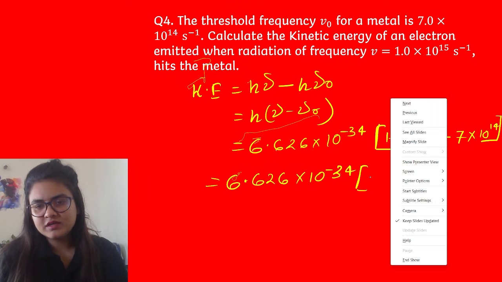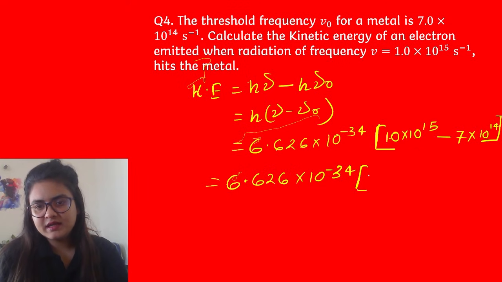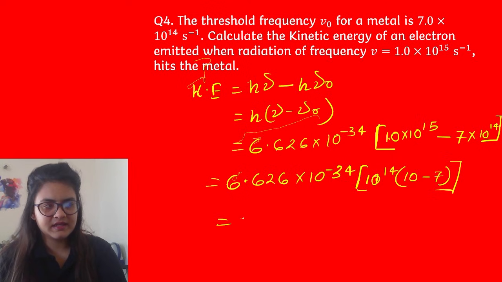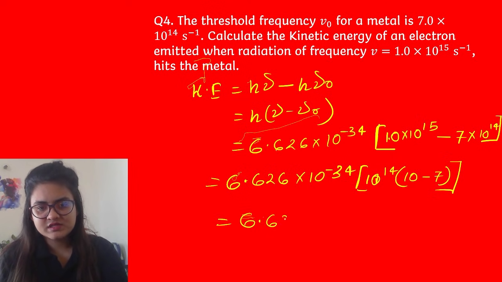Okay, so here I can take 10 power 14 common. If I take 10 power 14 common, it should be 10 now, so 10 minus 7, right? Now if you calculate the entire thing, it will be something like 6.626 into 10 power minus 34 into 10 power 14 into 3.